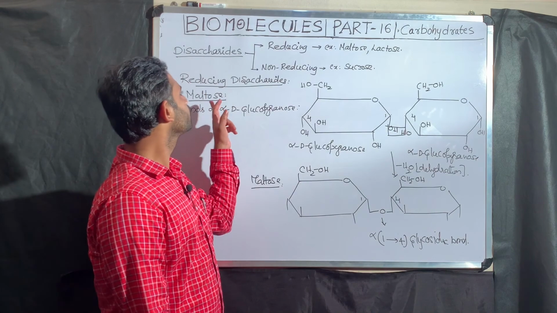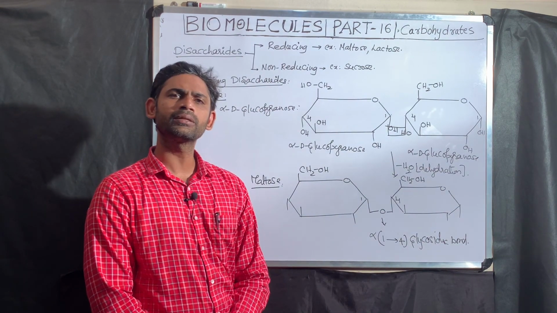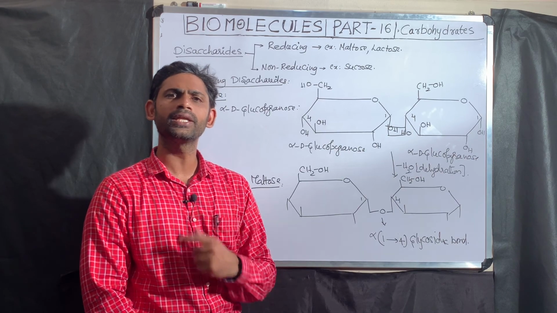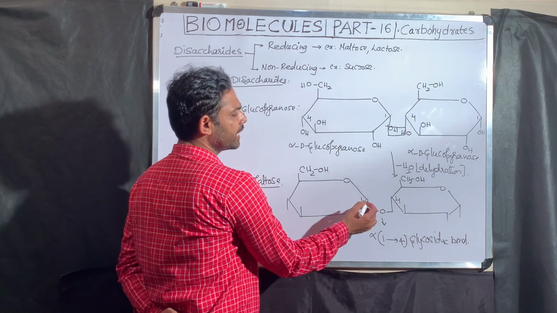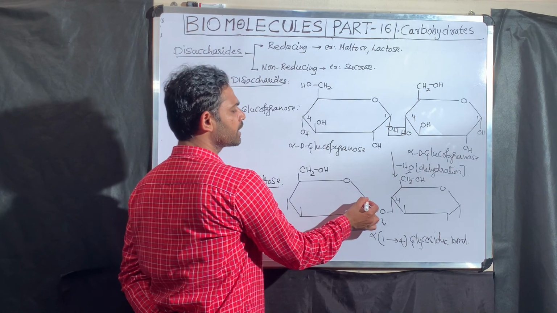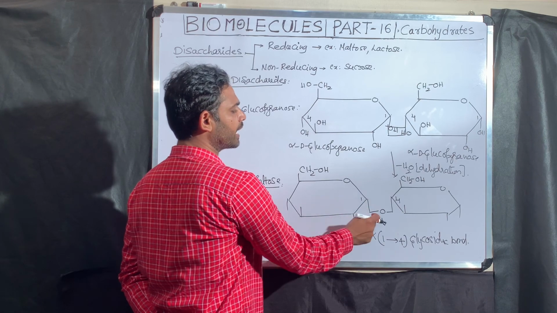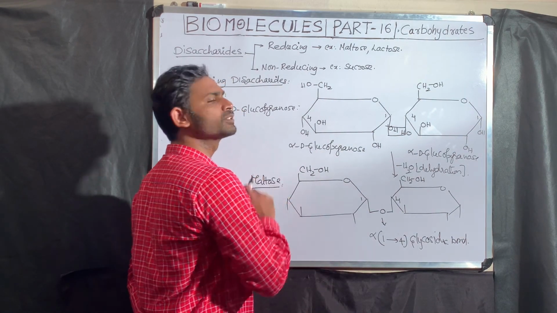Here, maltose belongs to reducing sugar. What did I say reducing sugar means? There should be the presence of a free functional group. Now understand. Here on the first sugar, this is a functional carbon. The functional carbon on the first sugar is engaged in the glycosidic bond, so there is no free functional group on the first sugar.